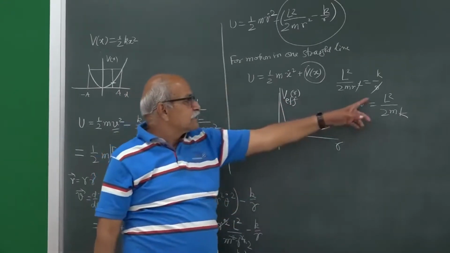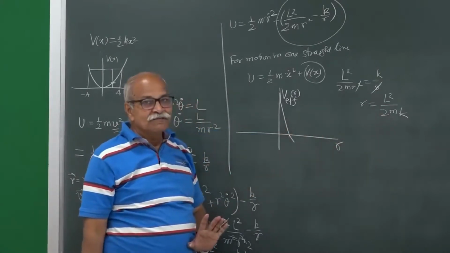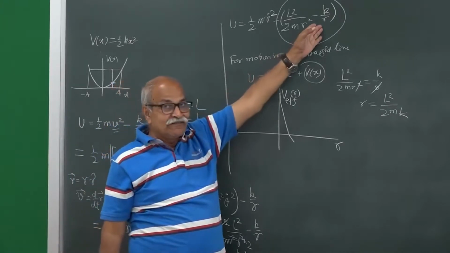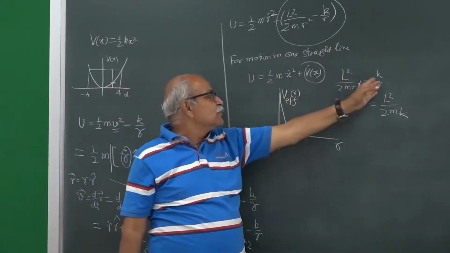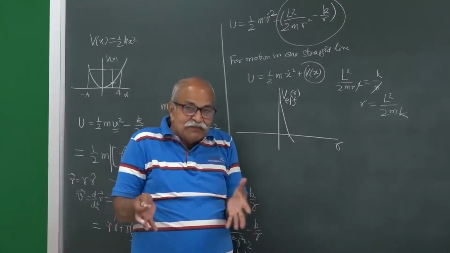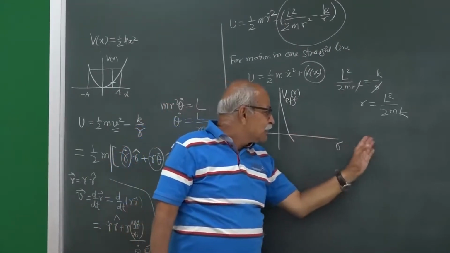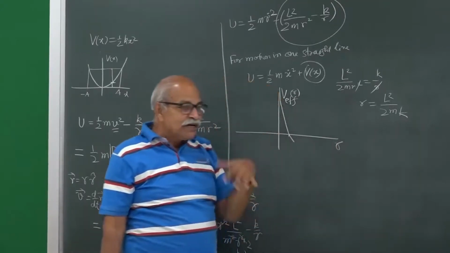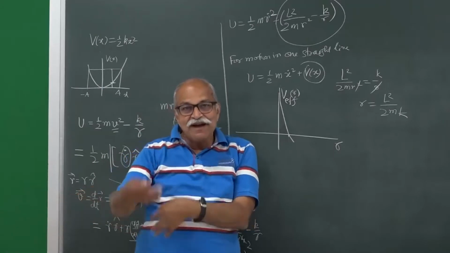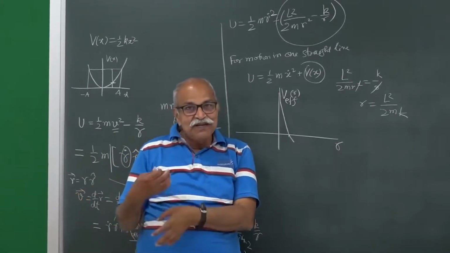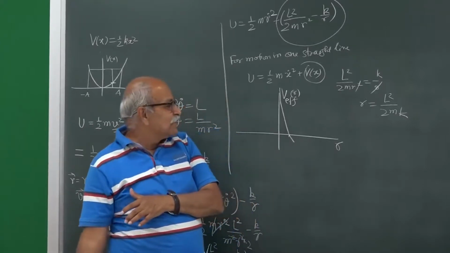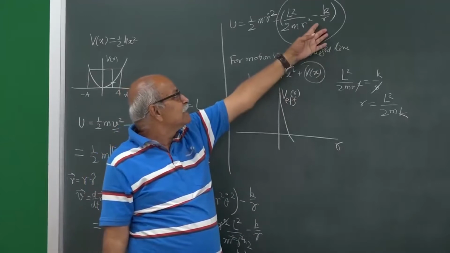Now, these two terms are equal, and after that, as r goes bigger, 1 by r becomes smaller, and 1 by r into 1 by r is much smaller, and therefore the minus k by r term will keep dominating.